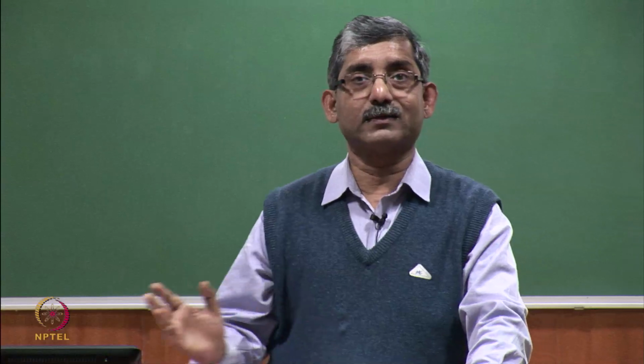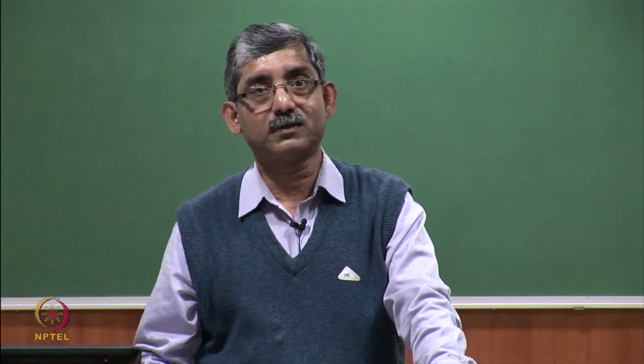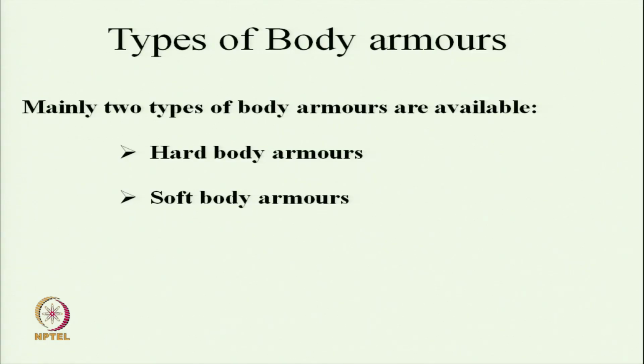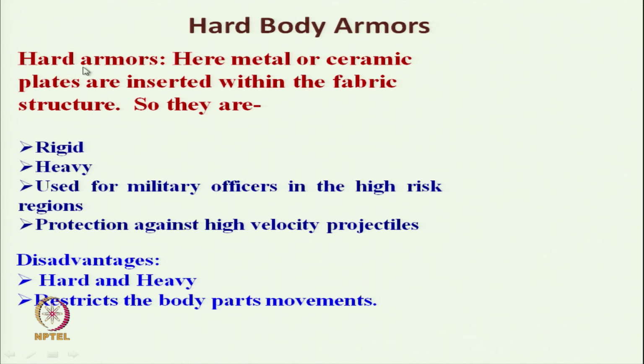In modern days, body armors can be divided into two categories: hard body armor and soft body armor. In hard body armor, metal or ceramic plates are inserted within the fabric structure.